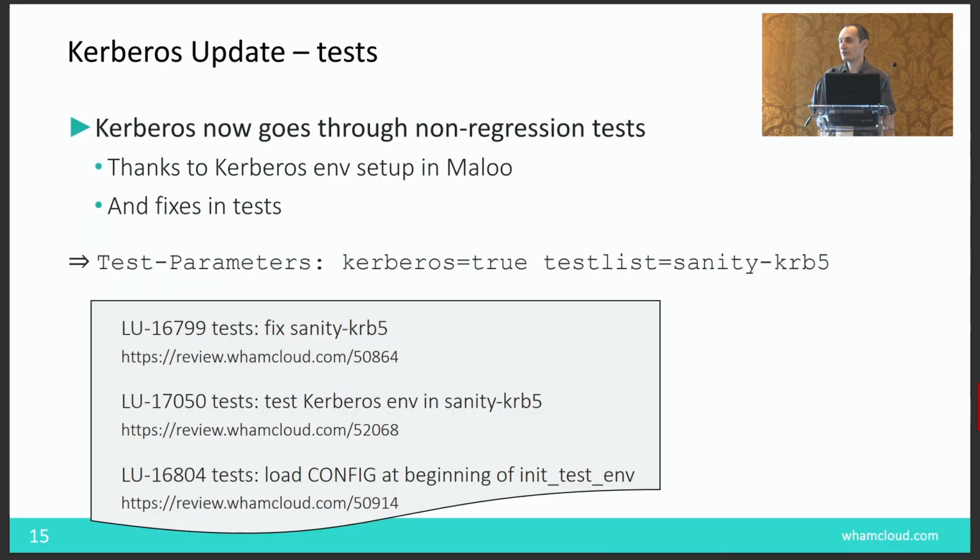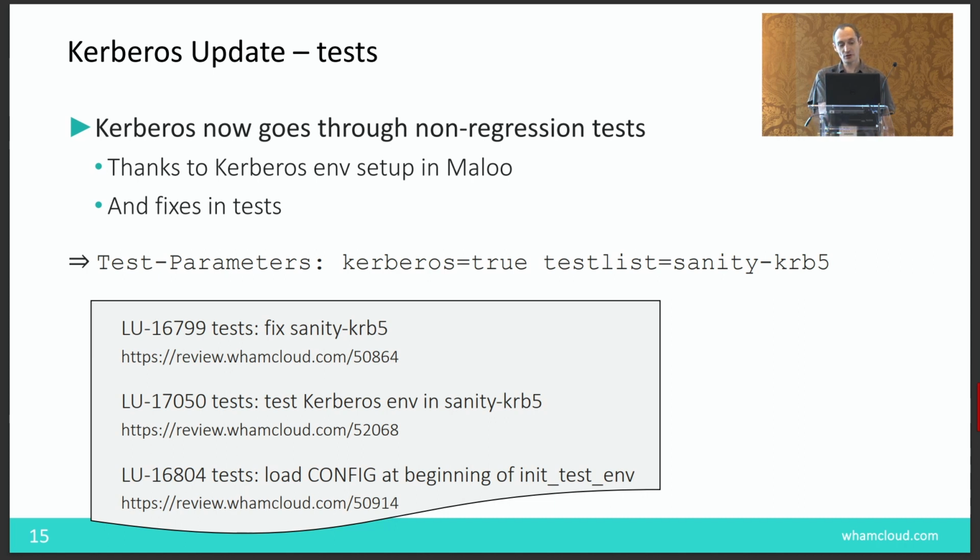So the very first decision we took was to have the Kerberos code regularly tested in Maloo. So now Maloo is, let's say, Kerberos aware. It has a KDC. All the nodes in Maloo have their own principals. So it's possible to run Kerberos tests. We also fixed the sanity-krb5 test script.